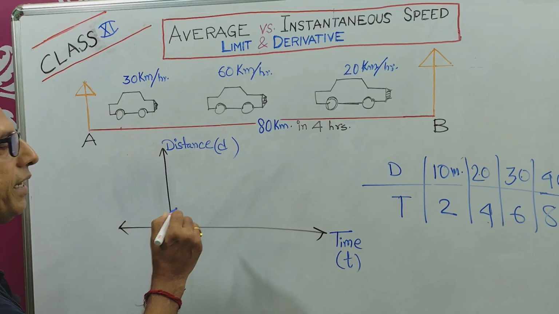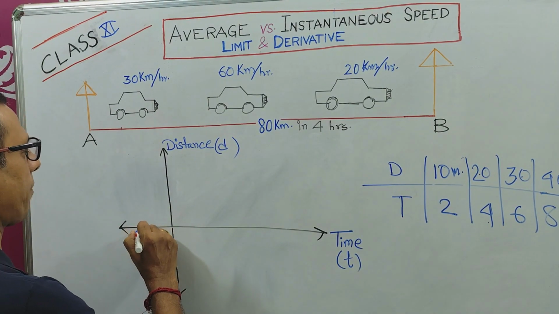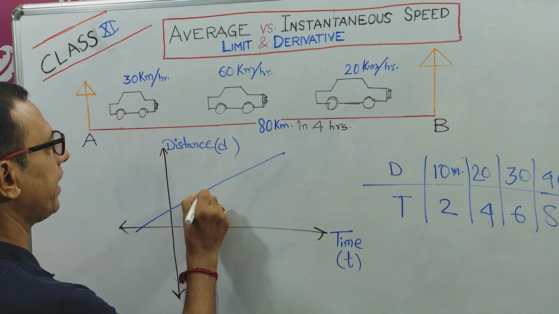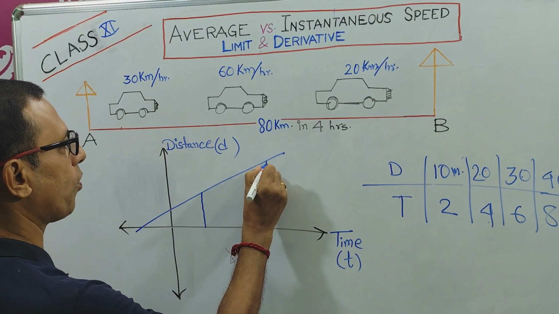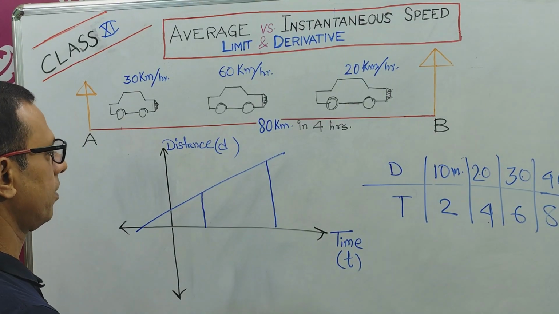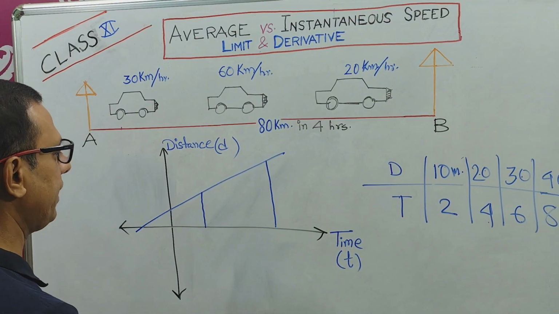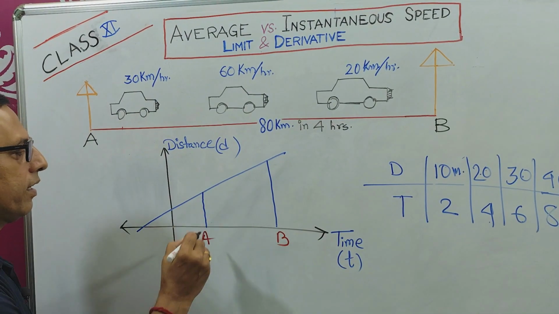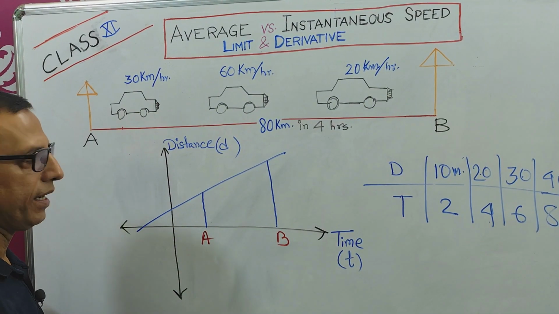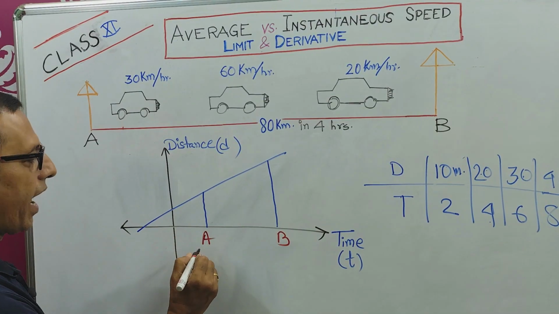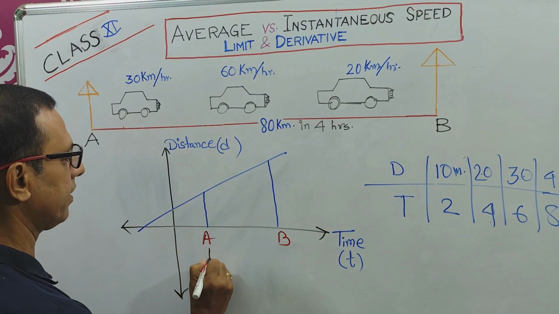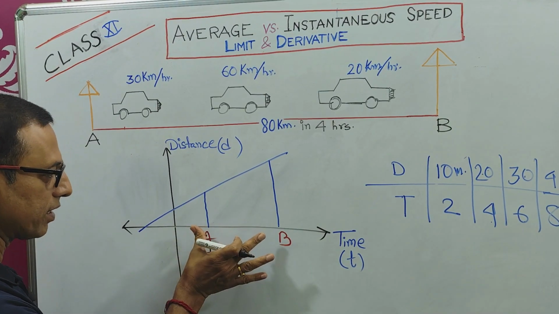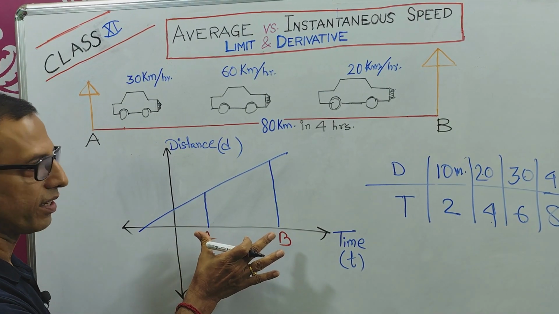Now in the case of uniform speed, the graph is a straight line where I am considering these 2 points, point A and point B. Let's say the initial time is Ti, and the final time is Tf, between points A and B where I'm considering the average speed.